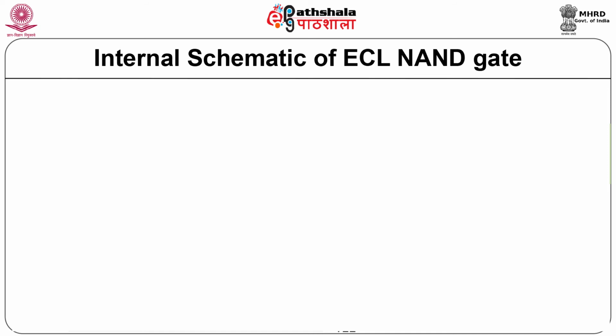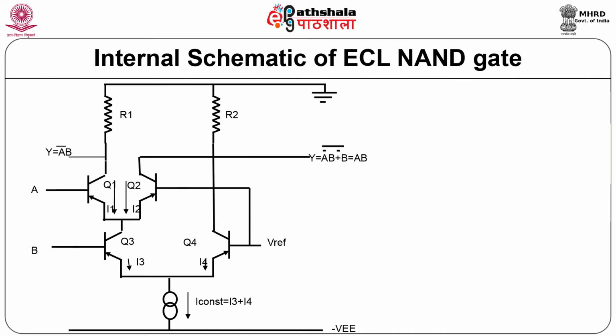ECL NAND gate. The figure shows the internal schematic of an ECL logic gate. Generally, it is divided into 3 sections called the input section, differential amplifier section and the output section. As shown in the figure, emitters of transistors Q1 and Q2 are connected together, and the sum of the currents I1 and I2 forms the collector current of transistor Q3.